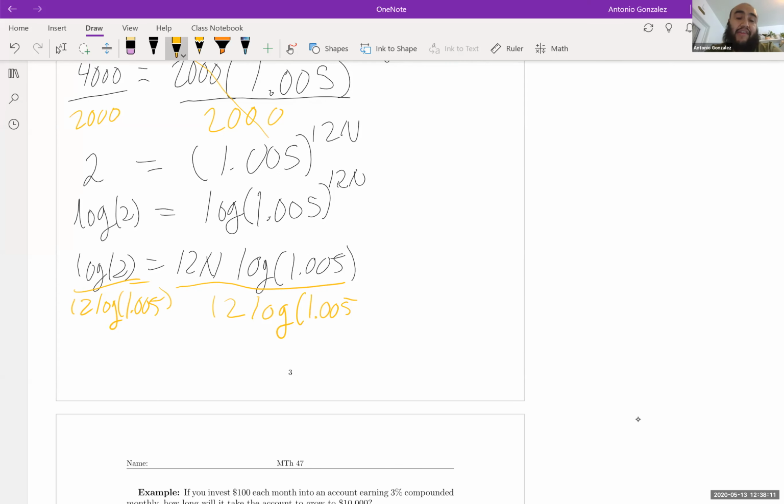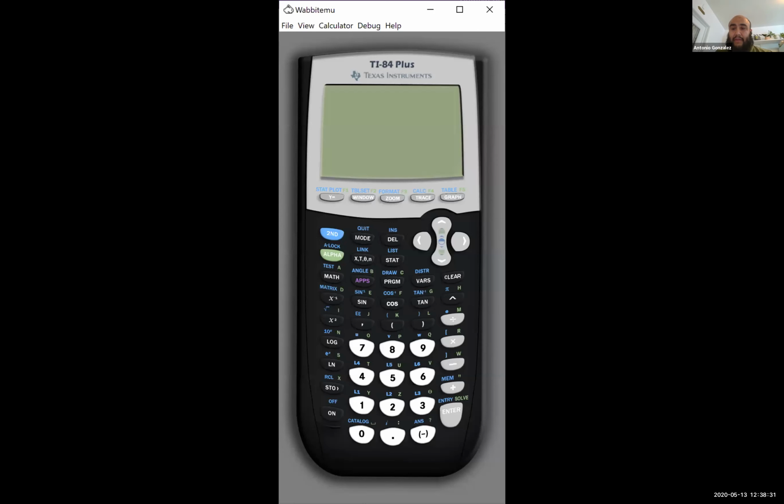Notice here the 12 reduces to 1, and then log reduces to 1 as well. So on the right side of the equation, we'll have n, and on the left, let me bring back the calculator here.